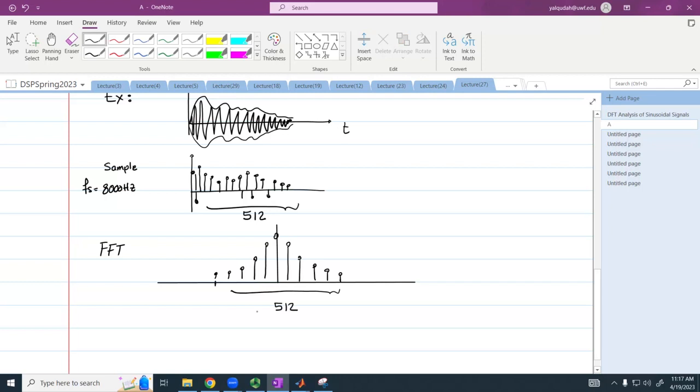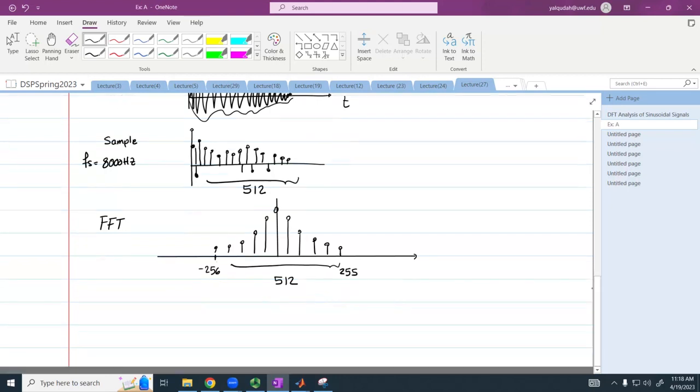So therefore, the first index is going to be at negative 256, and the last index is going to be at 255. Now this corresponds to negative pi, and this corresponds to pi, because this is our discrete signal. The frequency range is from negative pi to pi.